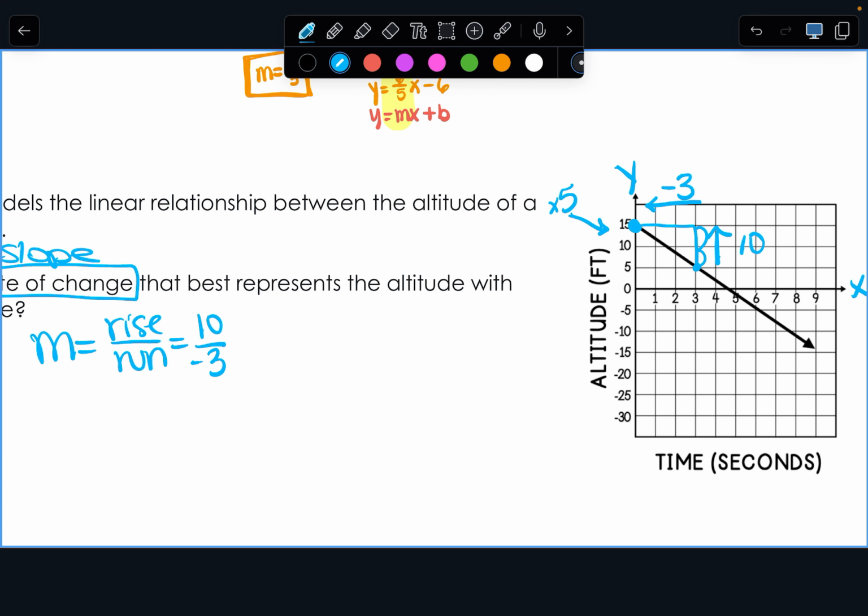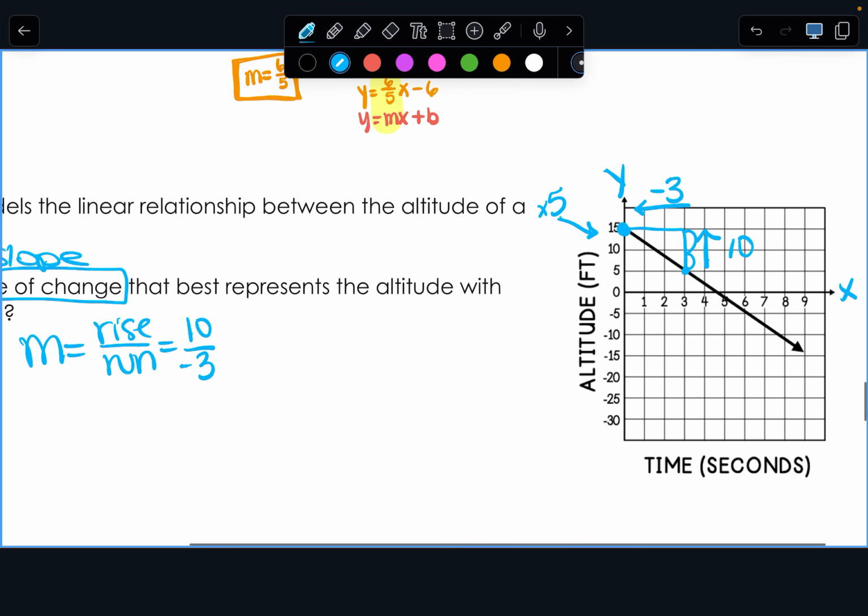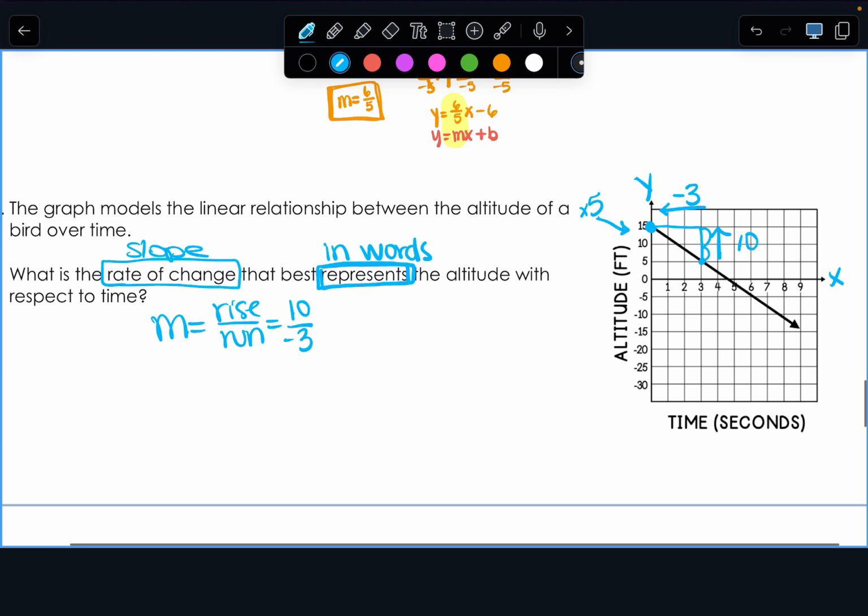Now, if we try to simplify this in the calculator, the numbers will stay the same. But pay attention. It's asking what does it represent. And if they're saying what does it represent, they're asking us in words. So what does 10 represent? The altitude, in feet. Okay. And then negative 3 what? Seconds. Now, seconds can't be negative, so why do we have a negative there?